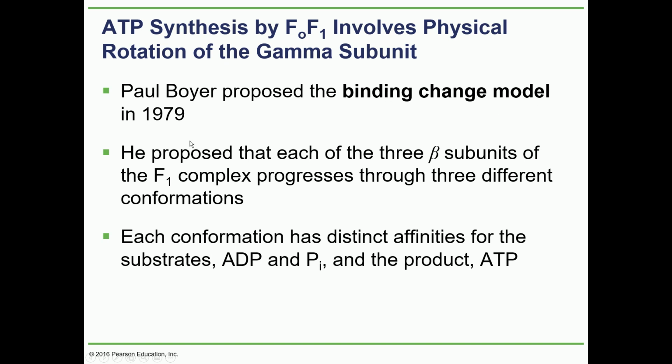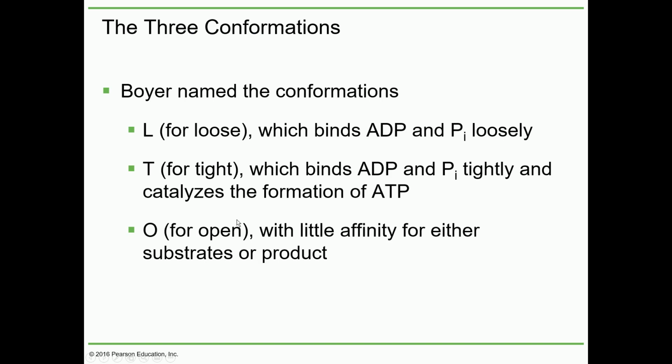There was a scientist called Paul Boyer. He was the one who proposed the binding change model, and he proposed that each of the 3 beta subunits of the F1 complex progresses through 3 different conformations. So let us see what those 3 conformations are. The 3 conformations are L, T, and O. L is for loose.